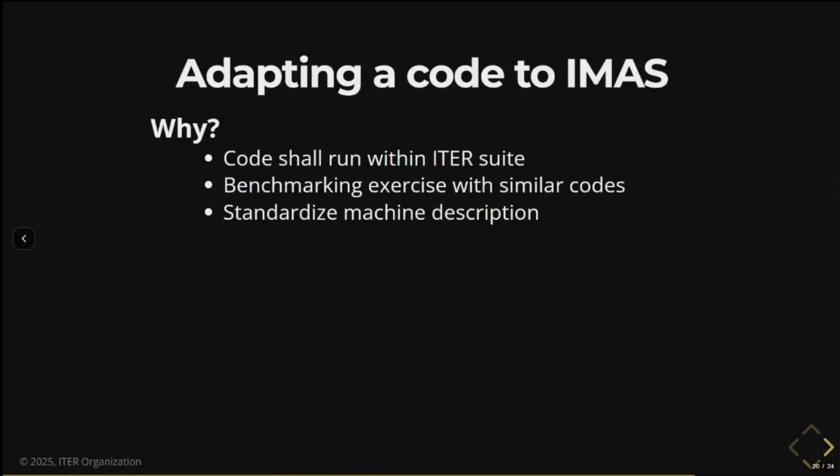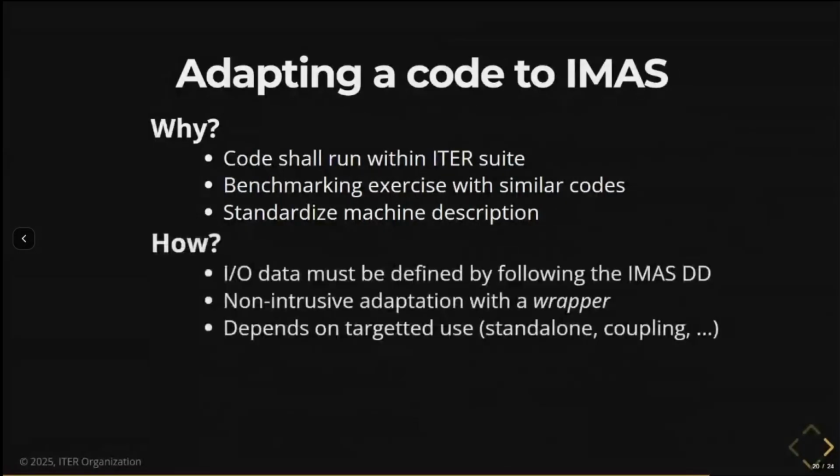It may also be helpful when you want to do benchmarking exercises with similar codes, especially if these other codes have already been adapted to IMAS. And you may see an opportunity to use standardized machine description, and that will allow your code to be more easily applied to different tokamaks or machines.